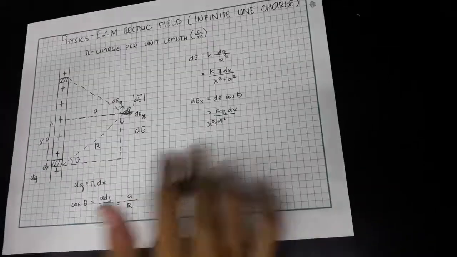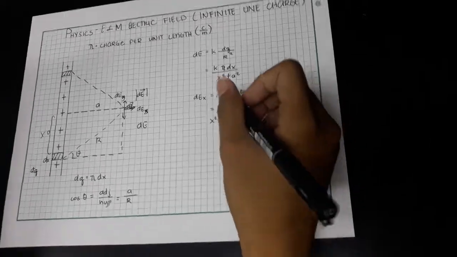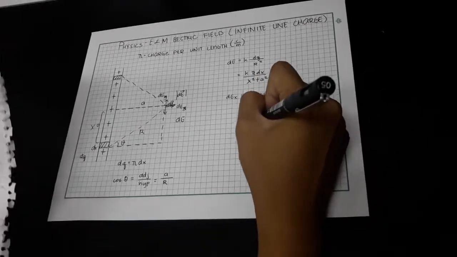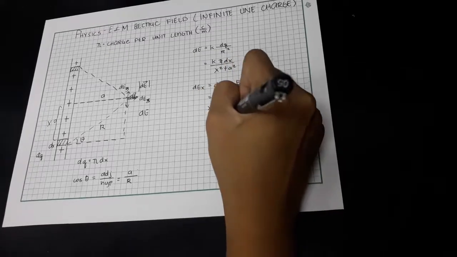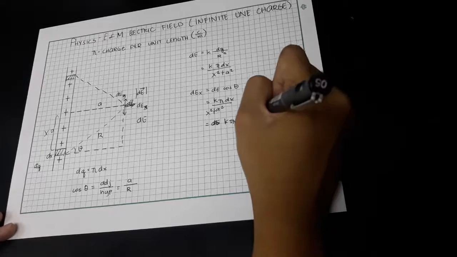So we can replace this cosine by this in our equation, times dx.